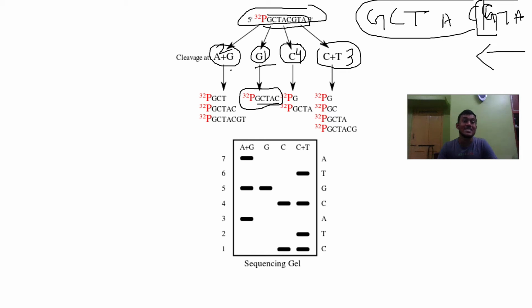Talking about the second aliquot, which is A plus G, it will stop as soon as it encounters an A base or a G base, so any of the two. I'll again write the sequence for you: GCTA, then GCTA, CGTA.